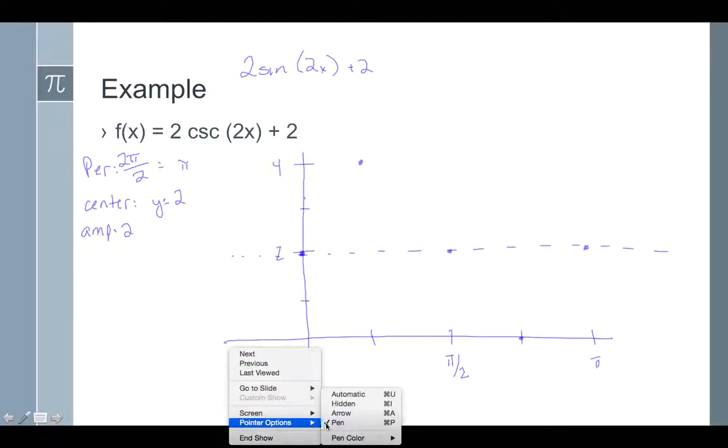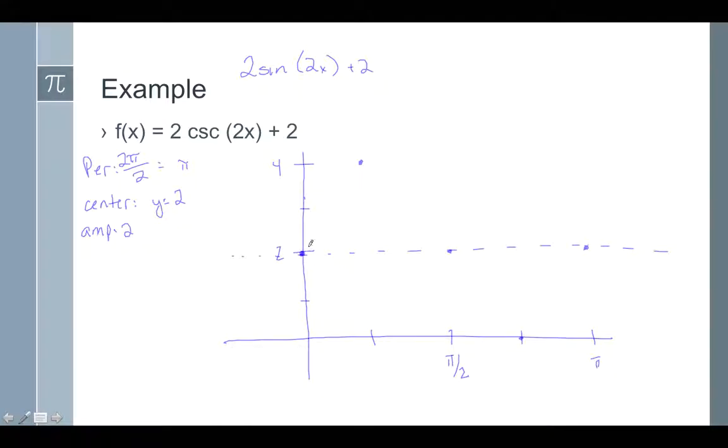And I'm going to change my pen color again back to red because everywhere that sine crosses the center line, not necessarily the 0, it's whenever that makes a center line value, creates my asymptotes.